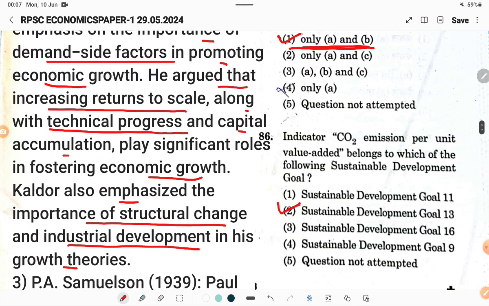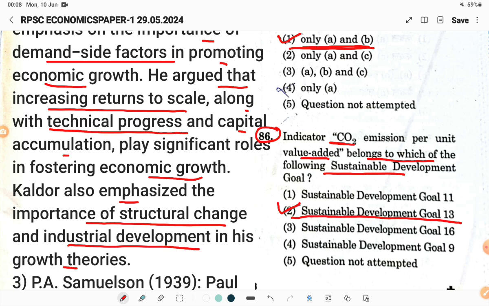Now the next 86th question, indicator CO2 emission per unit value added belongs to which of the following sustainable development goal? So it's clearly mentioned in sustainable development goal 13. This goal, as mentioned earlier, is about taking urgent action to combat climate change and its impacts.